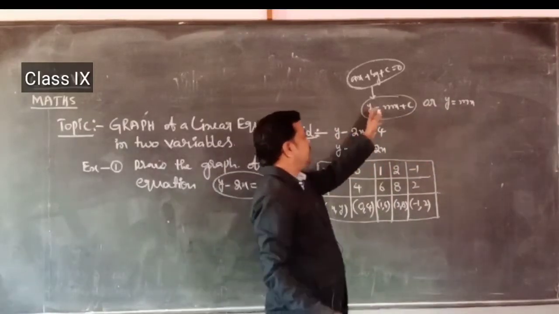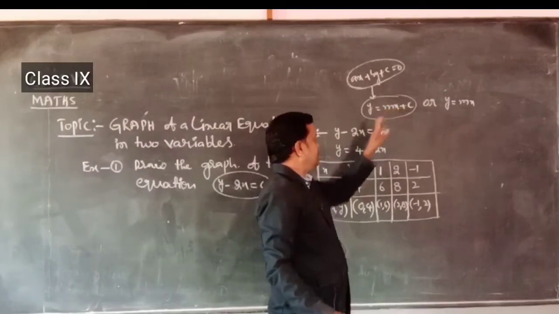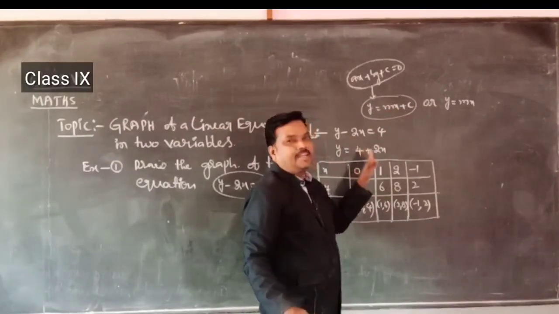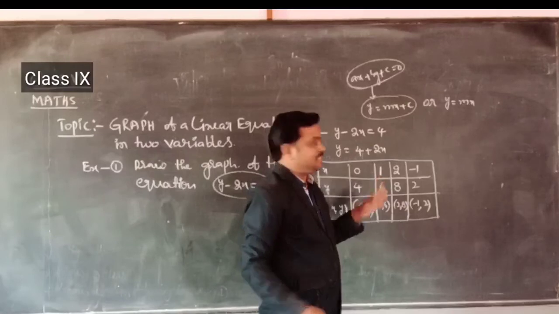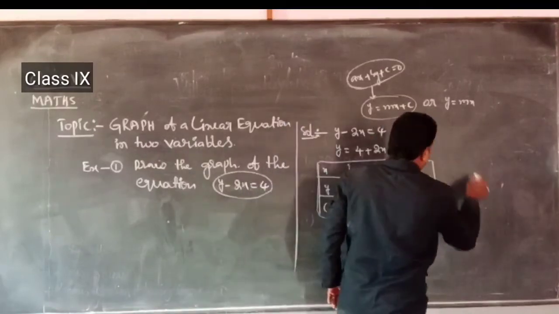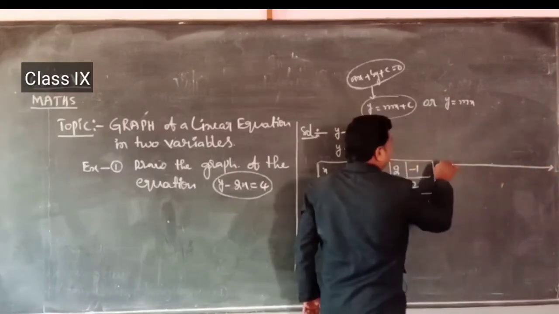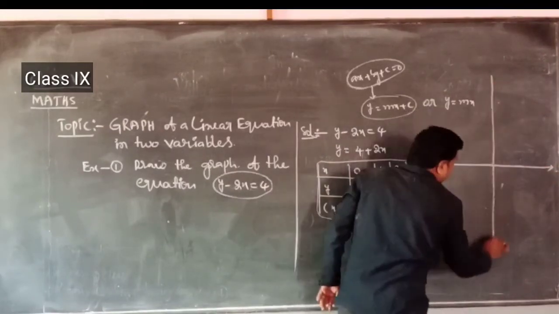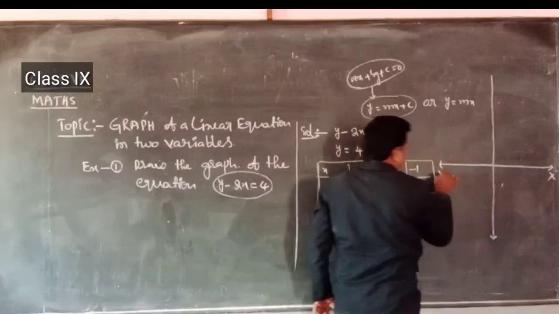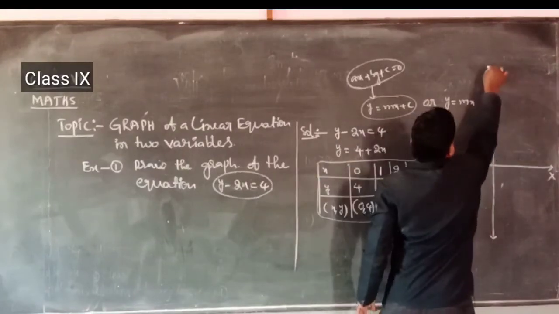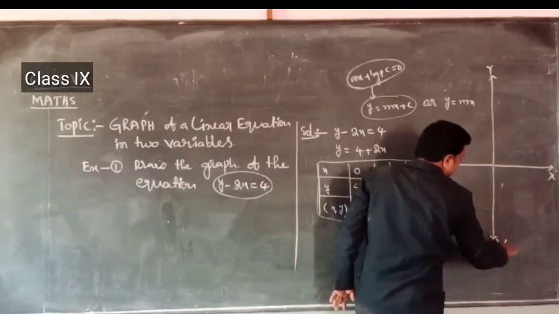According to this rule, this line intersects the x and y axes. This is the x-axis, this is the y-axis, and this is the origin.